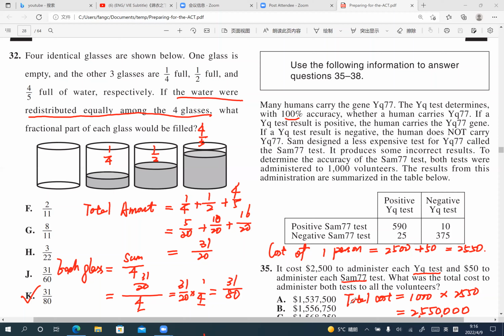And the total cost should be equal to $2,550 for each person times the number of people, which is 1,000. So the total cost is 2,550,000. We should choose option D.